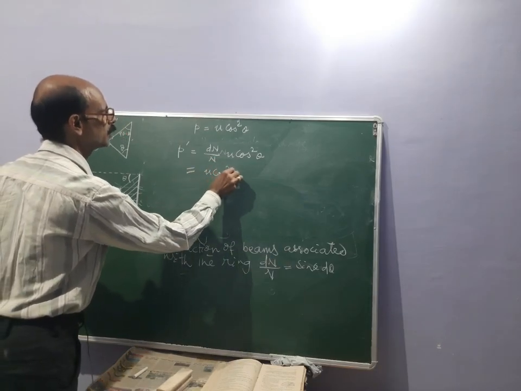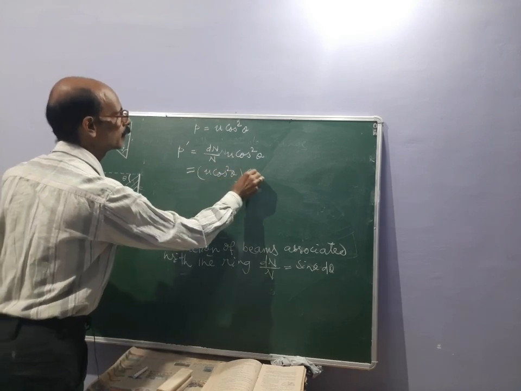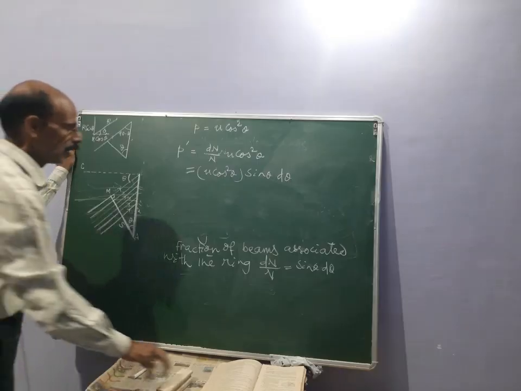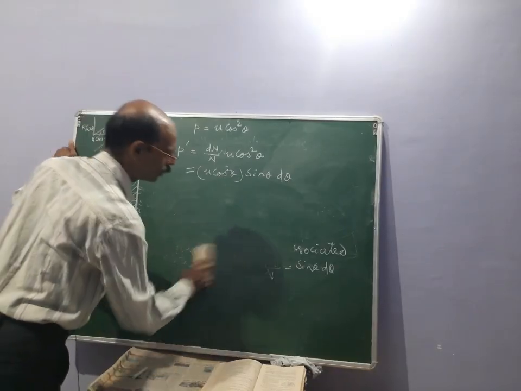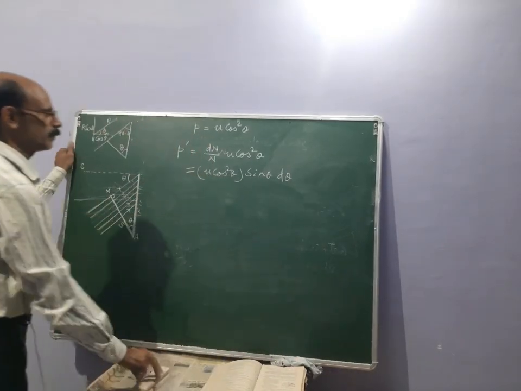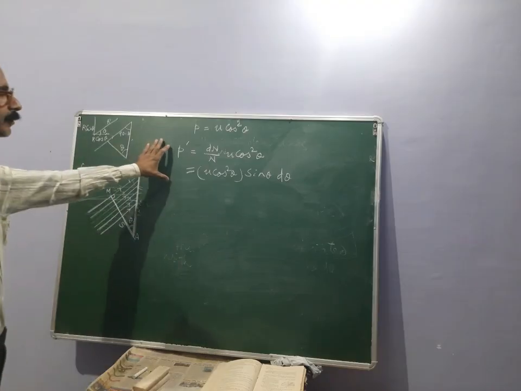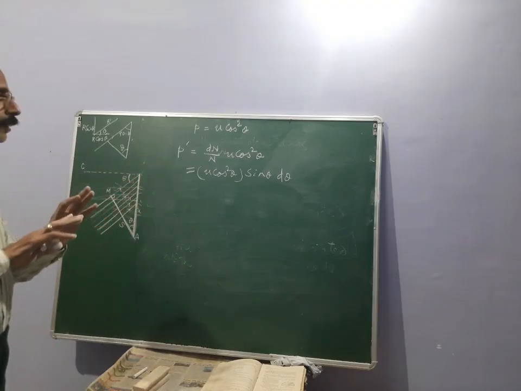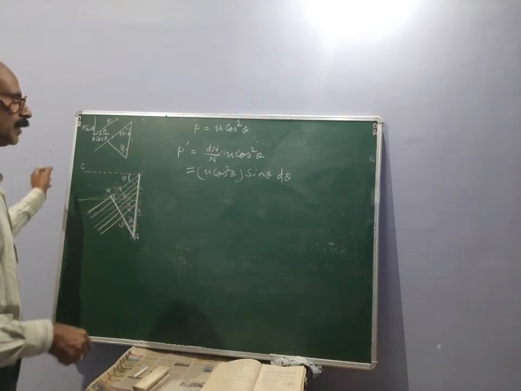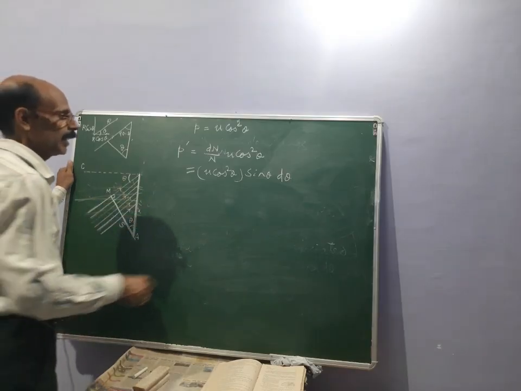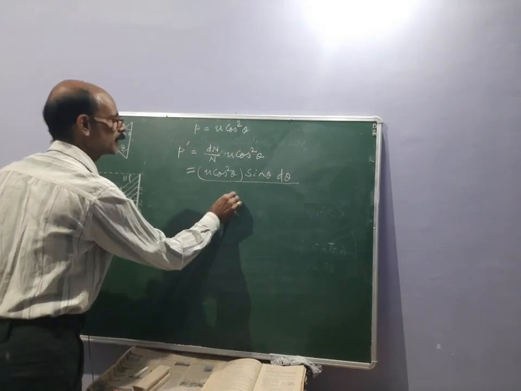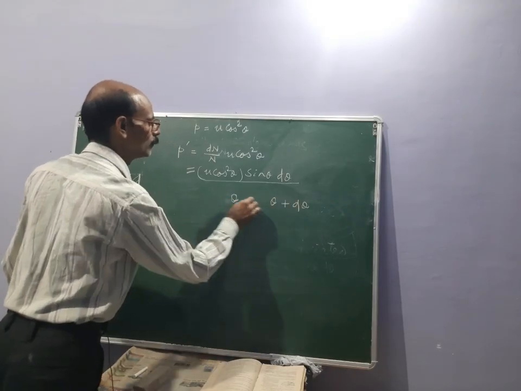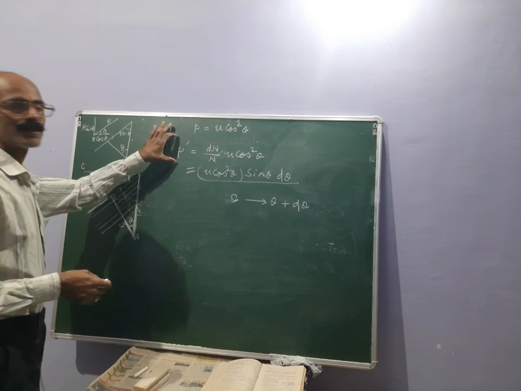So u cos²θ sin θ dθ. So this is for the fraction of the beam. Within this range θ to θ plus dθ, this is the pressure.